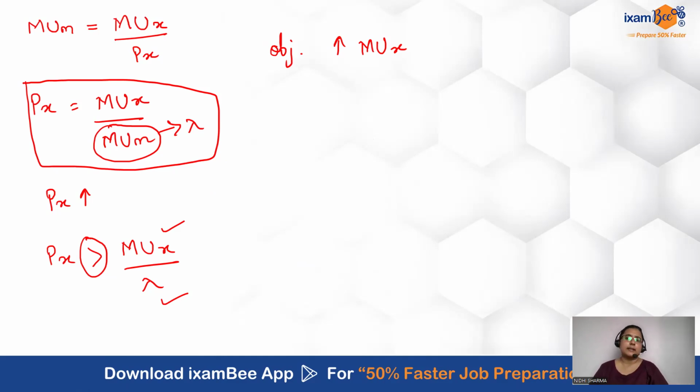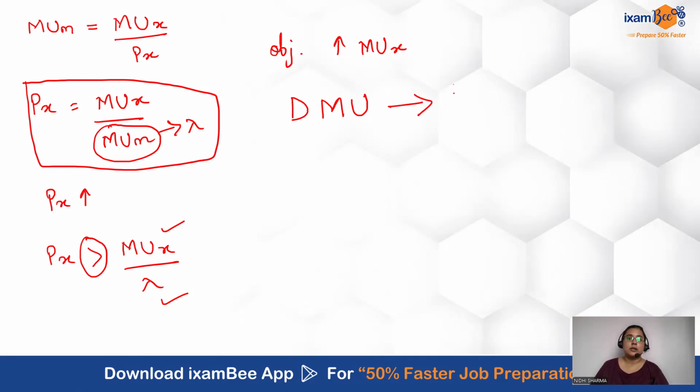So let me bring an important concept in front of you. Marshall, in his cardinal utility analysis, said that when we consume more and more units of a commodity, then the marginal utility derived from that commodity goes on declining, which is very famously called the law of diminishing marginal utility.